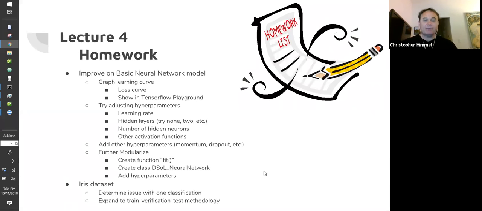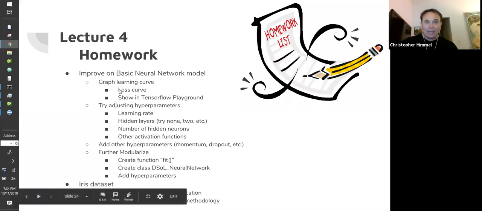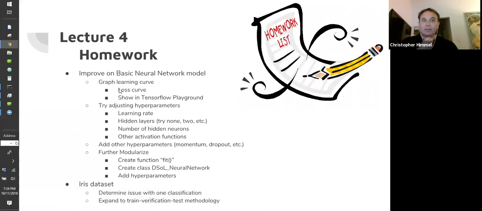Okay, so other homework assignments. Like I graphed the learning curve for the IRIS data set, I want you to graph the learning curve on the XOR data set. Obviously the first thing on the homework is to reproduce what I did. You have my GitHub. You can pull it down.